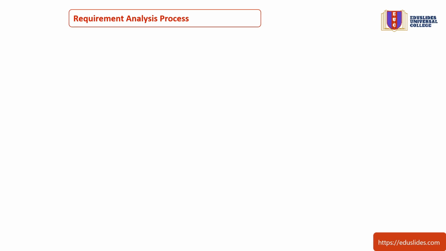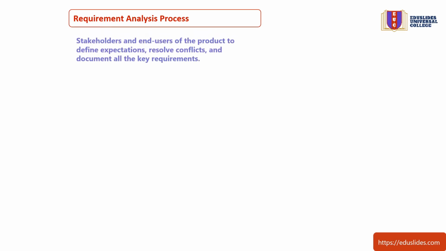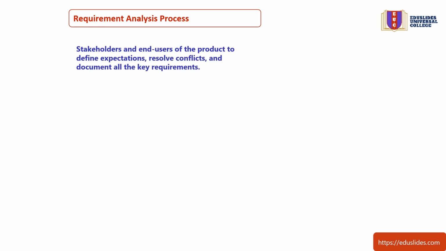Requirements analysis or requirements engineering is a process used to determine the needs and expectations of a new product. It involves frequent communication with the stakeholders and end users of the product to define expectations, resolve conflicts, and document all the key requirements. Requirements analysis is a multi-stage process that involves the following 6 steps.